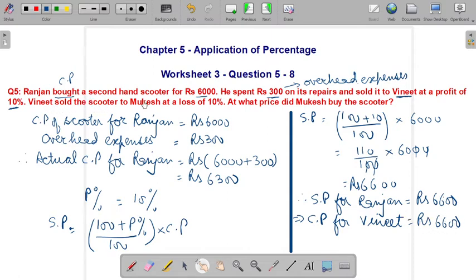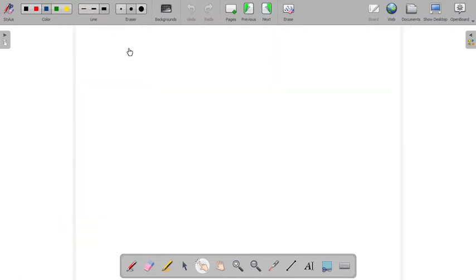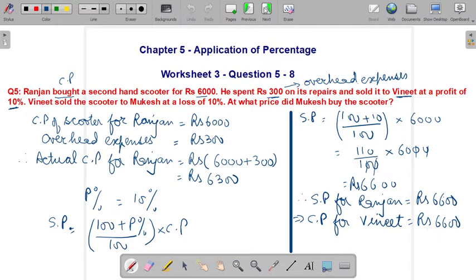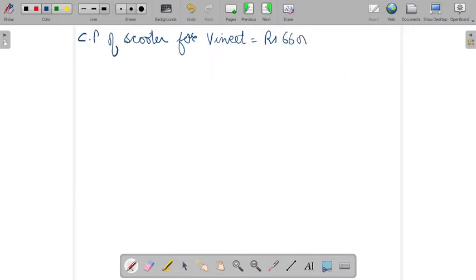Now Vineet sold it to Mukesh at a loss of 10%. So the cost price of the scooter for Vineet equals how much? Rupees 6,600, and he sold the scooter to Mukesh at a loss of 10%.